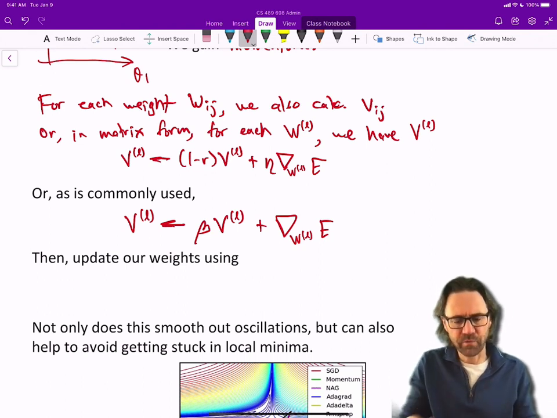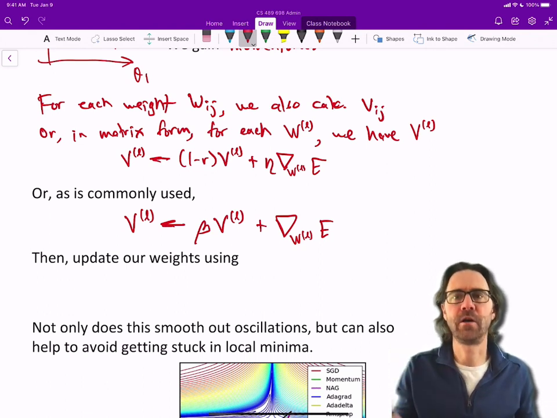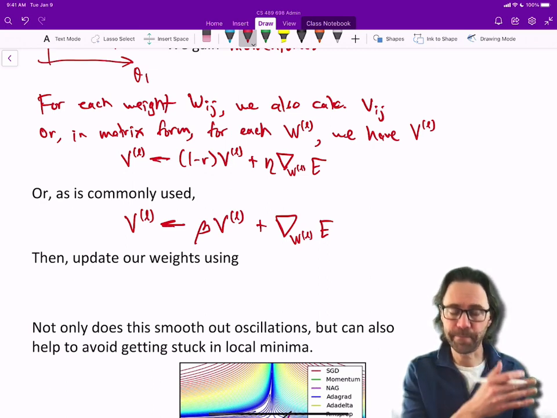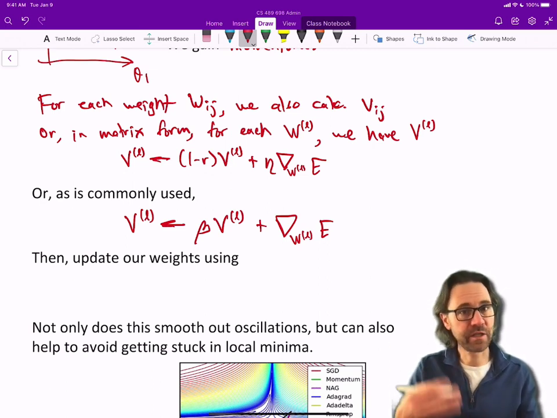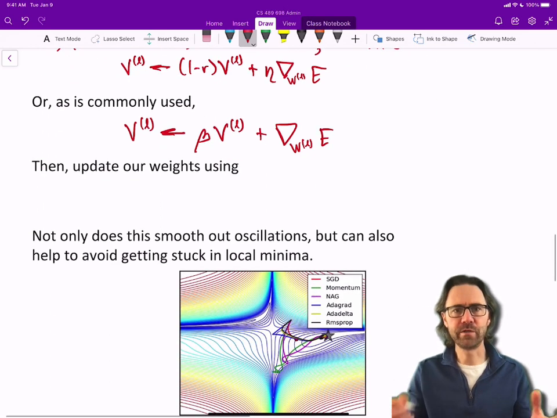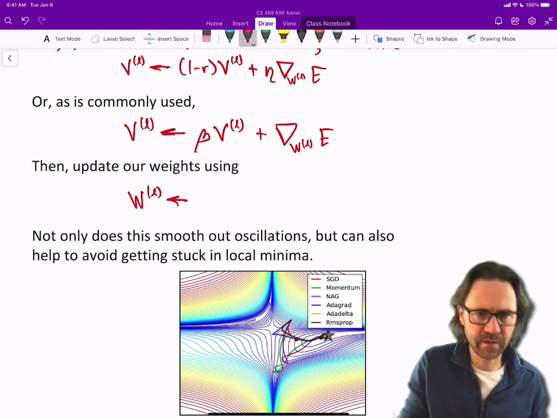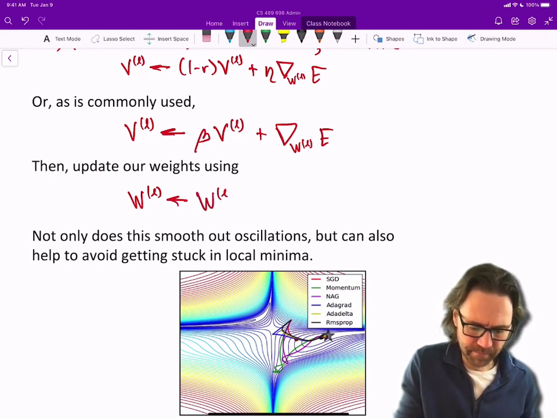Okay, so we're sort of integrating our error gradients and turning them into velocity. And then once we have our velocity, we're tracking that as time goes on. We use it to update our weights. So the weight WL is the weight from the previous time step minus kappa times velocity.